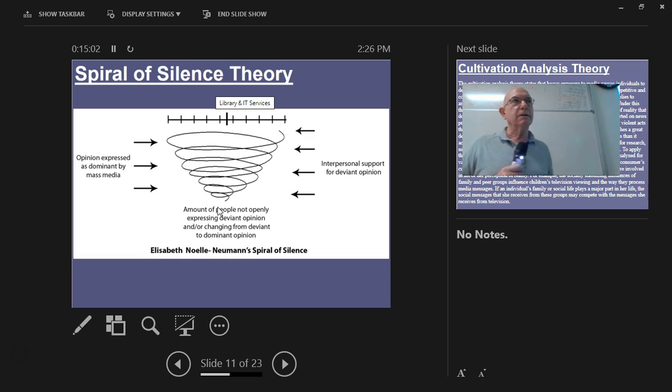There have been cases where they've actually started fires. So it can be kind of scary and threatening, and whether they're intending to do it or not, the spiral of silence theory is applicable in some societies even today.